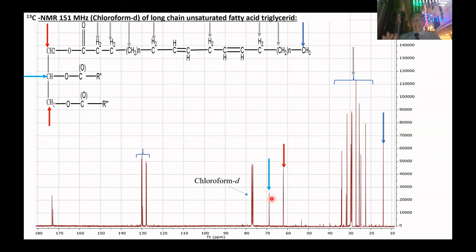So the factors affecting the chemical shift of proton are the same factors affecting the chemical shift of carbon 13. The double bond is at 130, and finally we see the carbonyl group around 173. So this is the typical carbon 13 spectrum of triglyceride fatty acid esters.